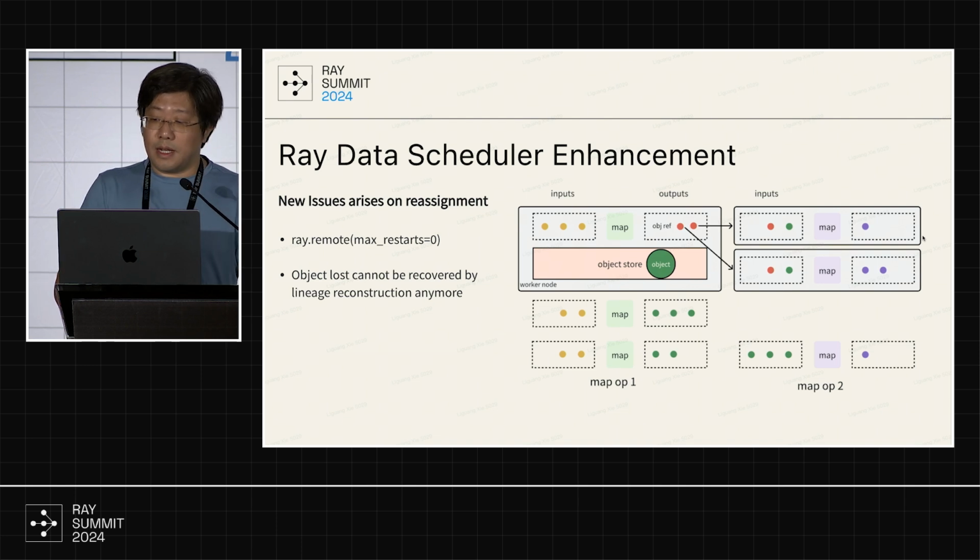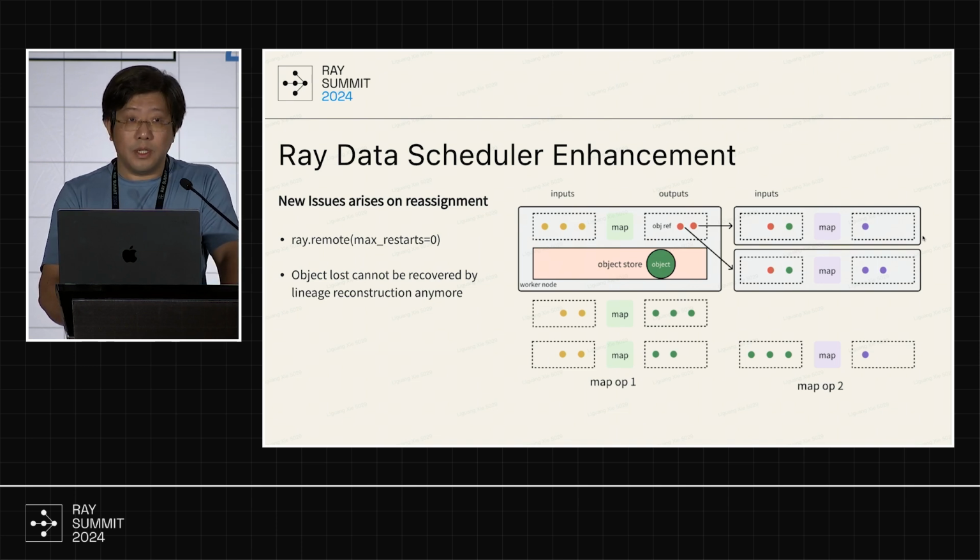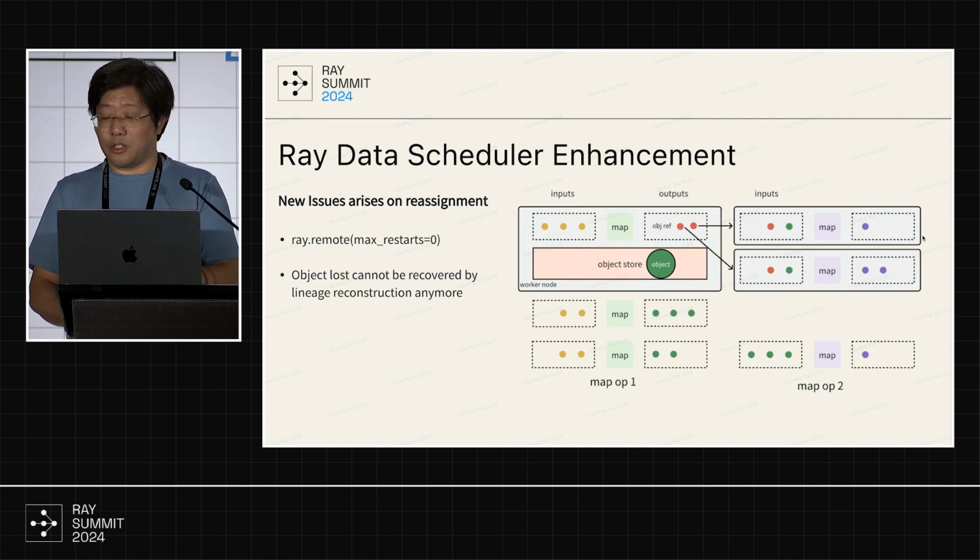The proposed task reassignment is pretty straightforward, but it may introduce new issues. Remember the little technical detail we mentioned in the previous slides? As part of the task reassignment enhancement, we set the max restart parameter to 0. So when an object is lost, we can no longer rely on Ray's lineage reconstruction capability to rebuild the object.